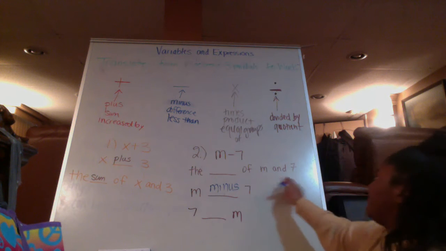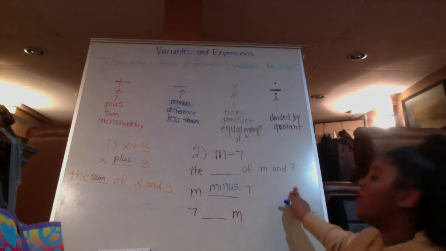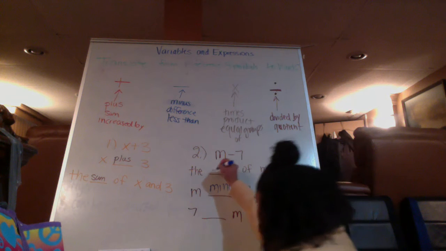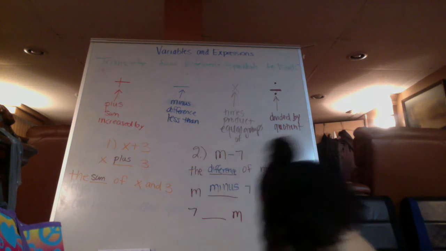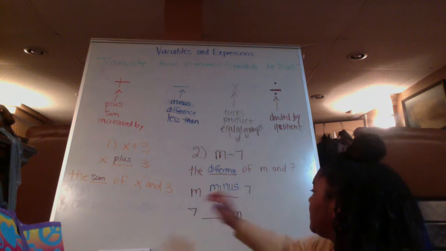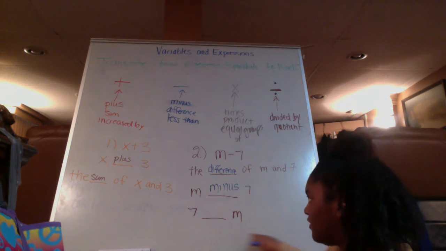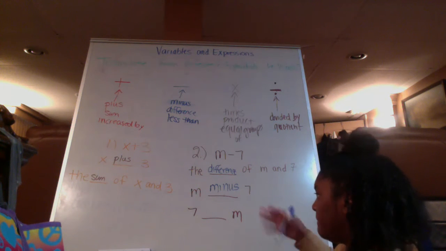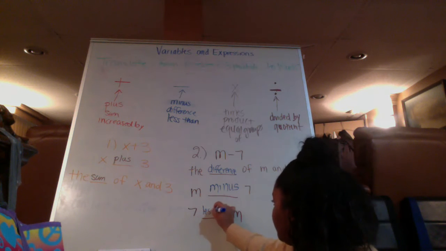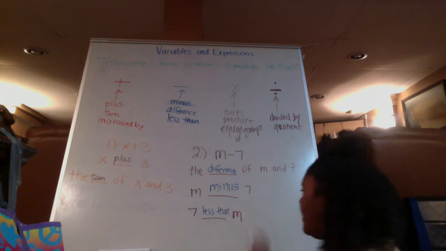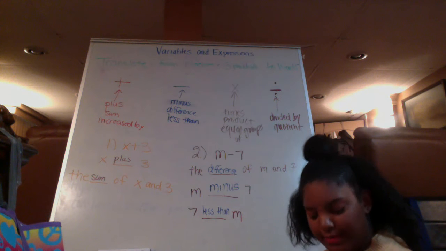The blank of m and 7. Okay, so it's the difference. The difference of m and 7, which means the last one now has to be 7 less than m. Okay?